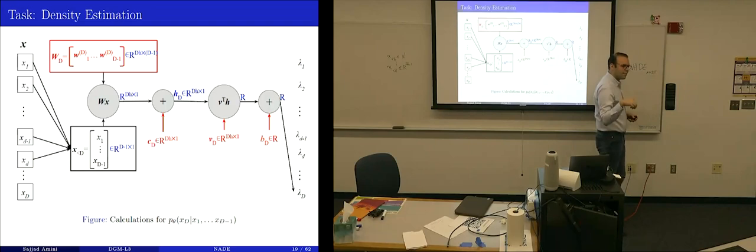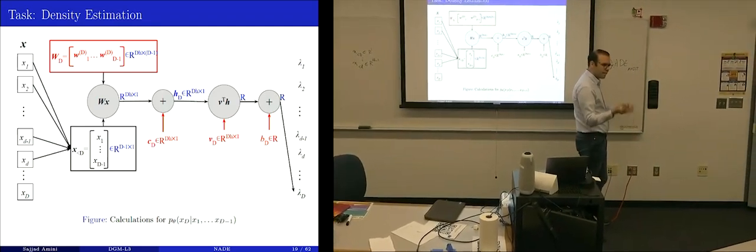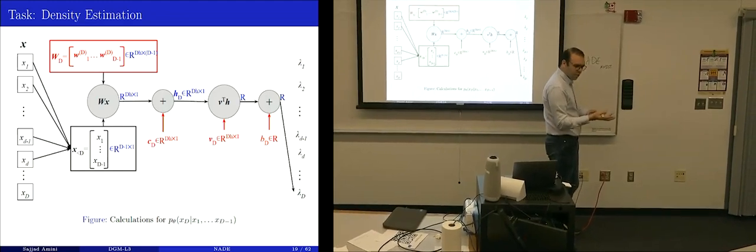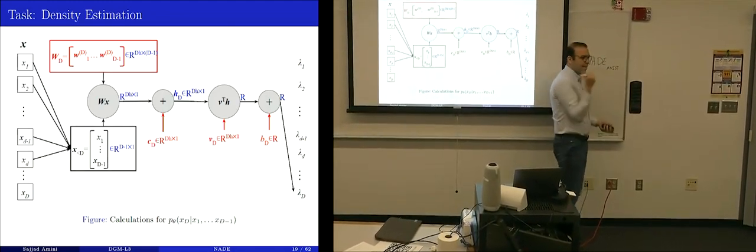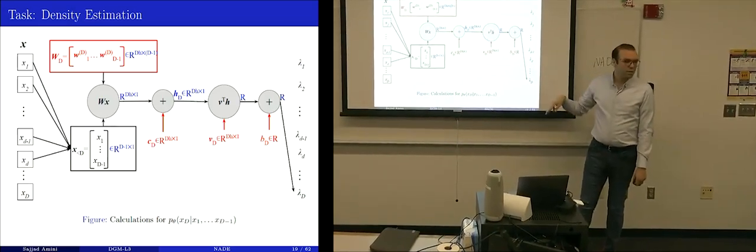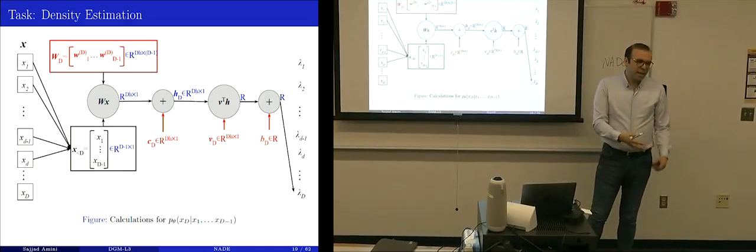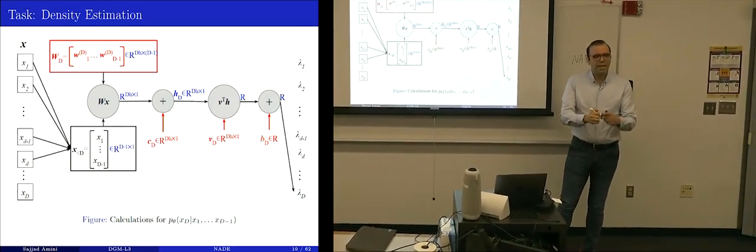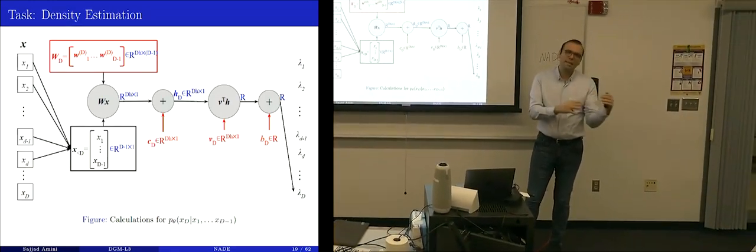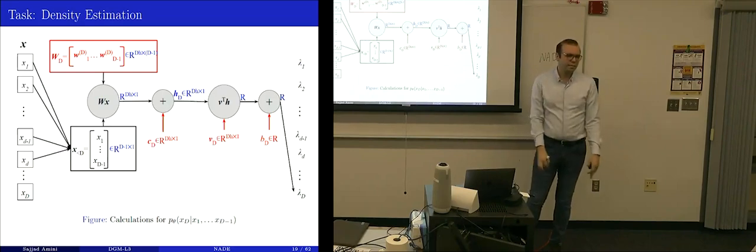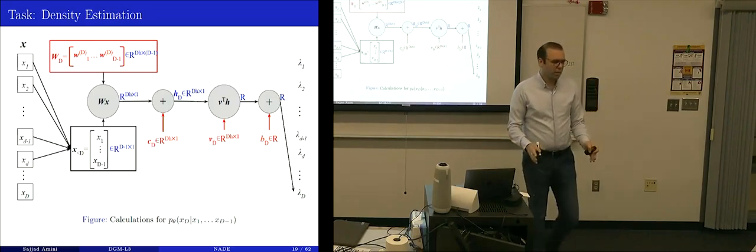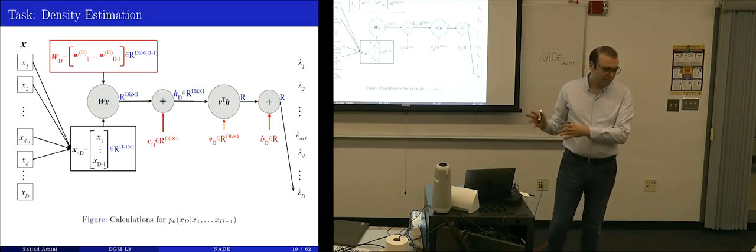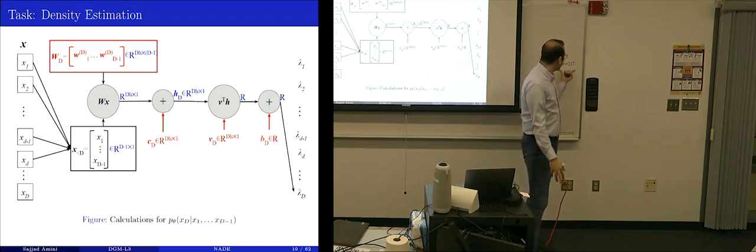From now on, if you give me a sample with exactly the same dimension as MNIST and ask me whether it is a valid digit image, I can give it to my NADE and calculate the probability for your image using this procedure and give you an estimate. Based on experience, you can design a threshold. For example, if the probability is less than a number, it means that image is not a digit image. Maybe it is a valid image of something else, but it is not a valid image from the distribution that MNIST digits are coming from.